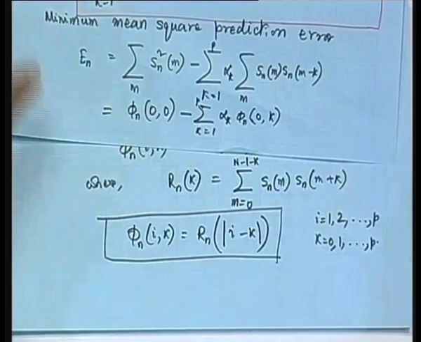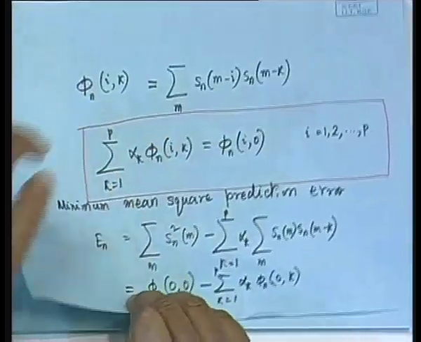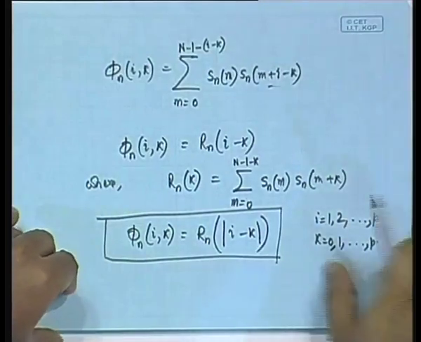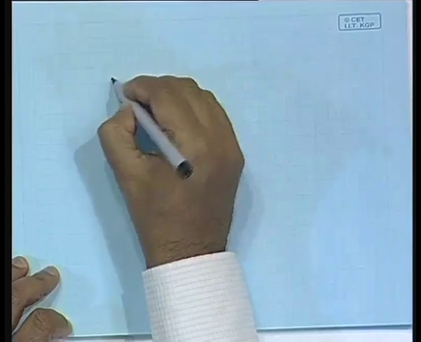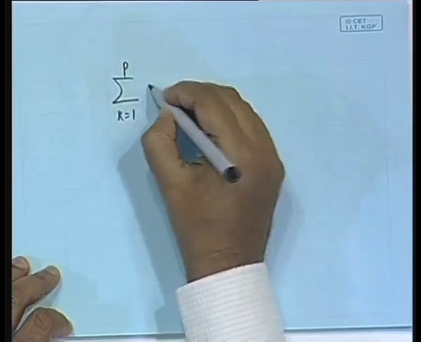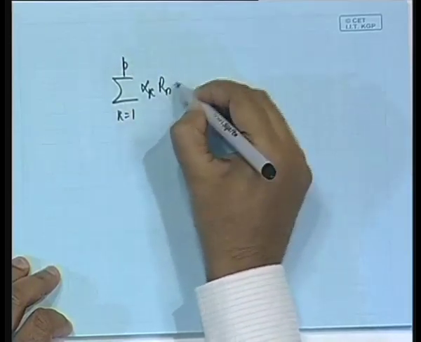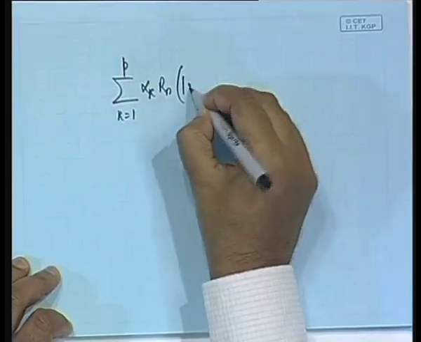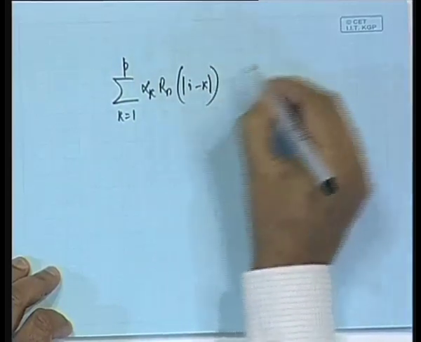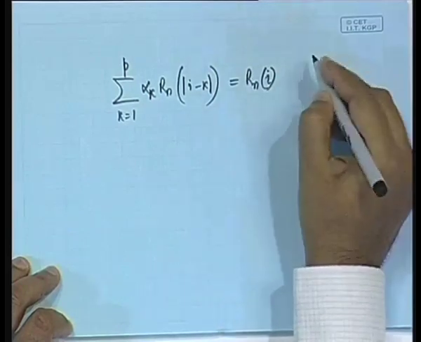So I can rewrite this equation as the summation k equal to 1 to p of alpha_k into R_n of mod i minus k, is equal to R_n(i), okay.